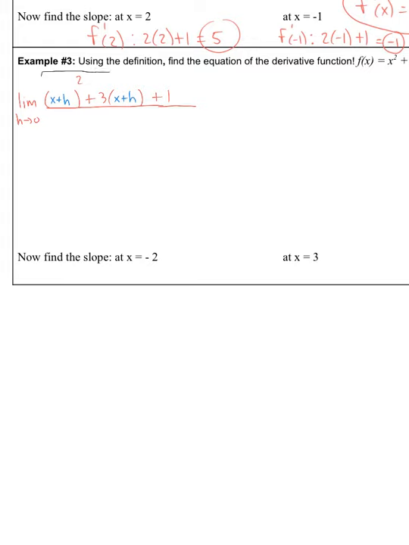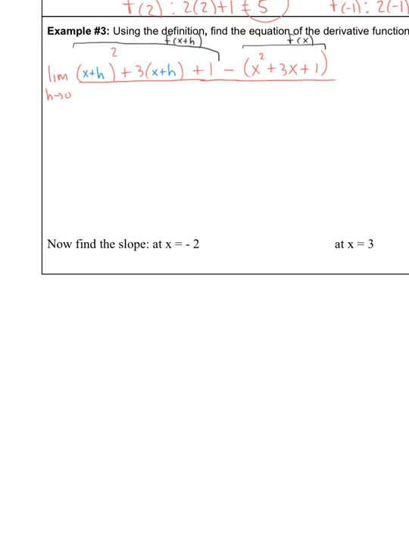So this whole thing right here is my f of x plus h. That's the first half of my numerator. The second half of my numerator, I just plug in the function as is, x squared plus 3x plus 1. And if we label that, that is my f of x.